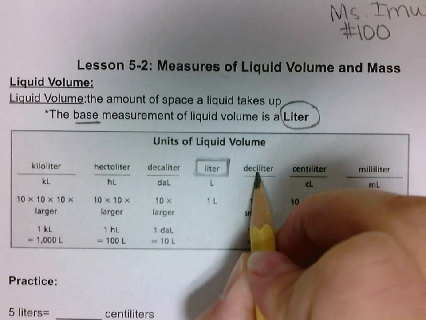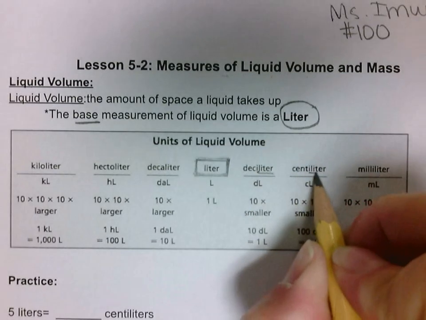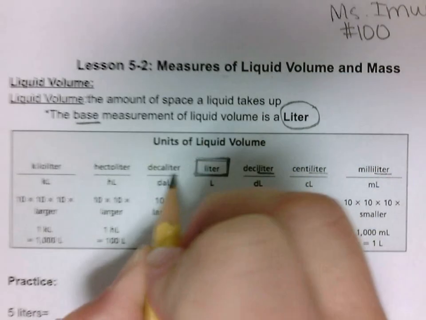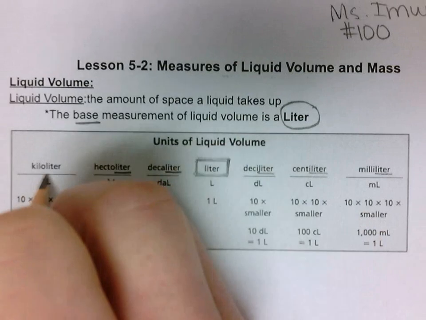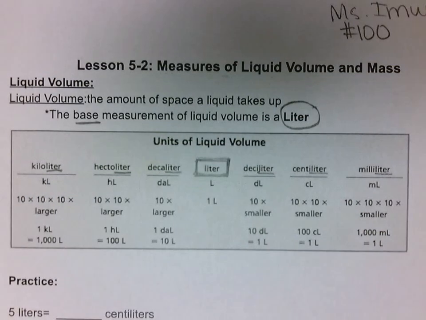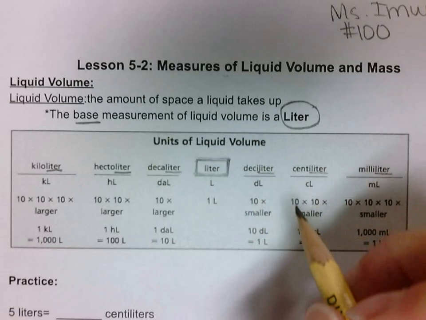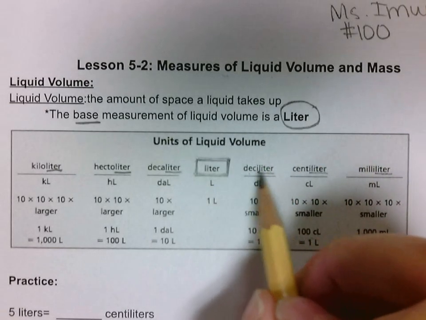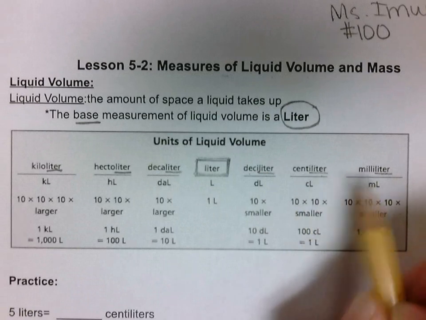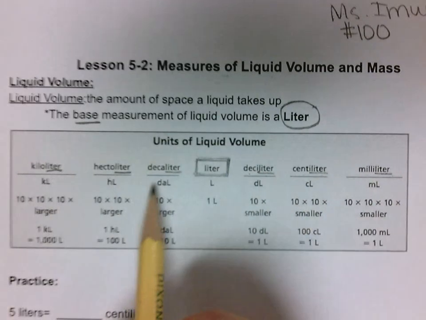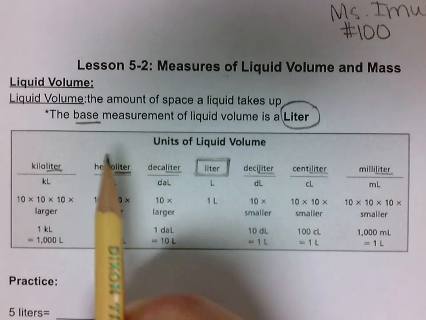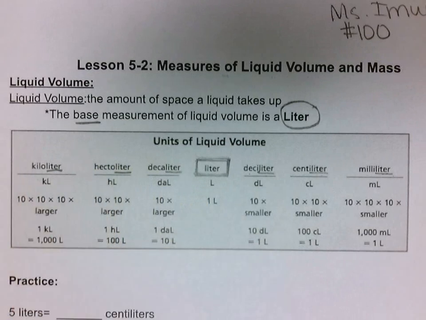So for example, I see liter here, liter here, liter here. Notice every single measurement has the base unit in it. Now, the only difference between each of the measurements is the prefix, right? So we see deciliter, centiliter, milliliter, and then over here, next to liter, decaliter, hectoliter, and kiloliter.